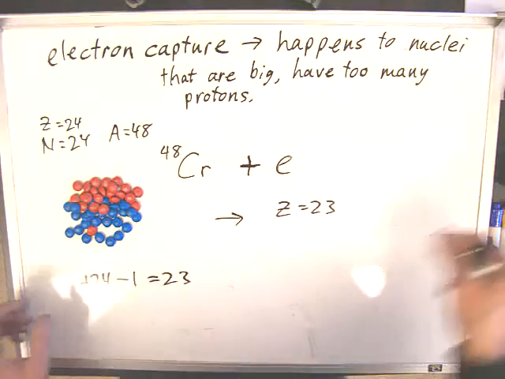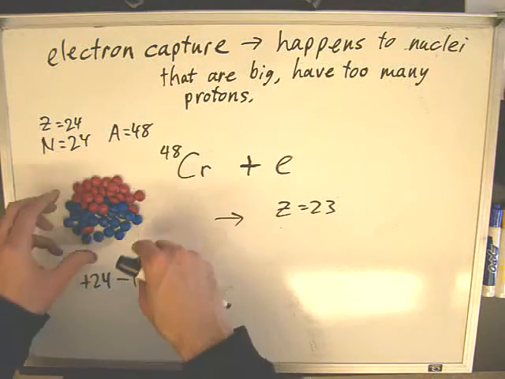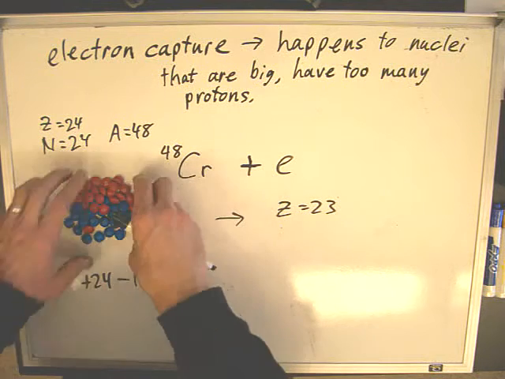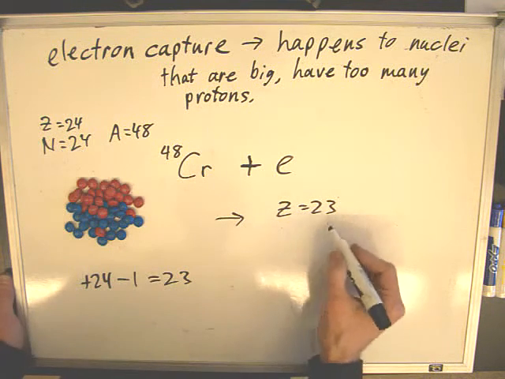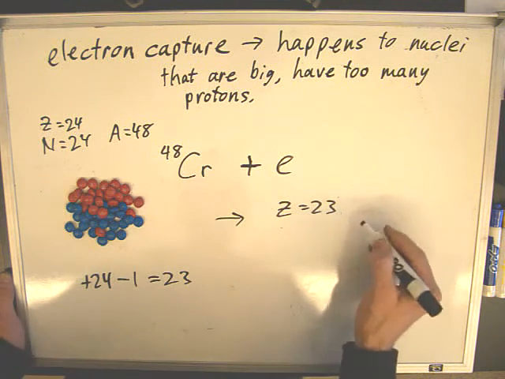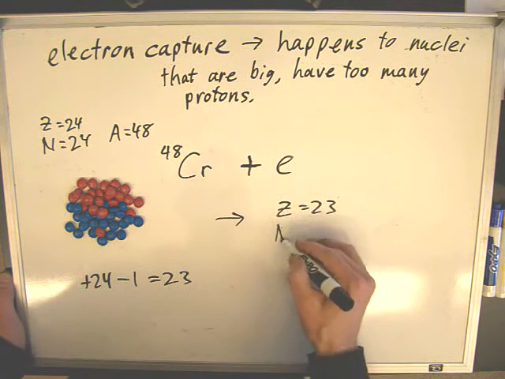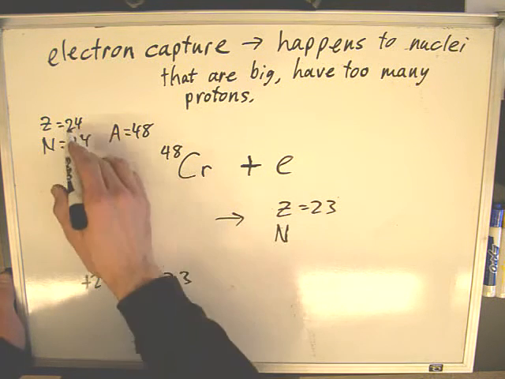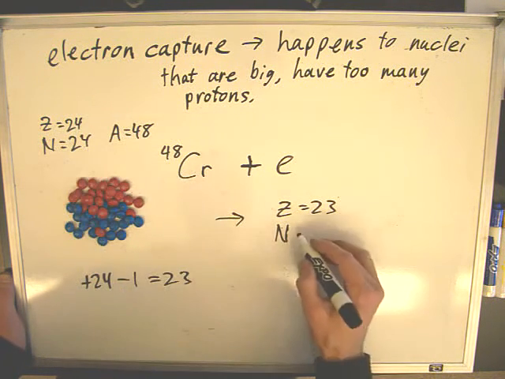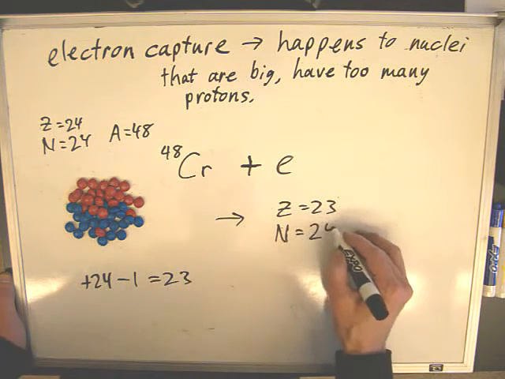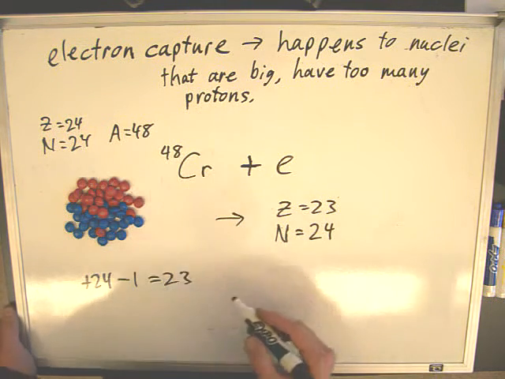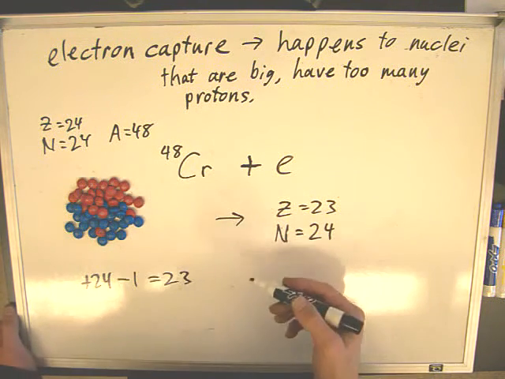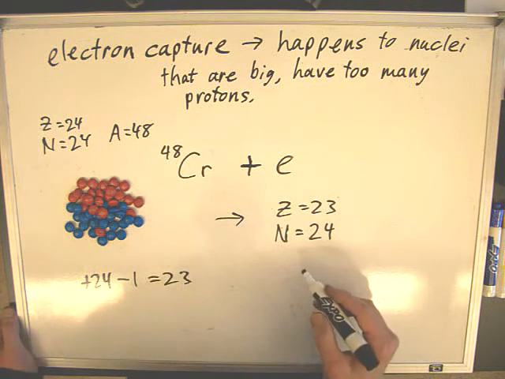The electron gets stuck in the nucleus and combines with a proton to make a new neutron. So now you have Z equals 23, so that's 23 protons, and one of those protons that was here got turned into a neutron, so N now is 25. A is still the same, so just like beta decay, A doesn't change.